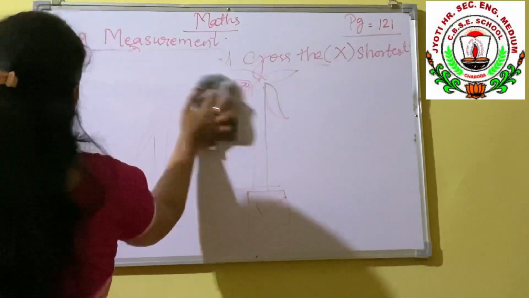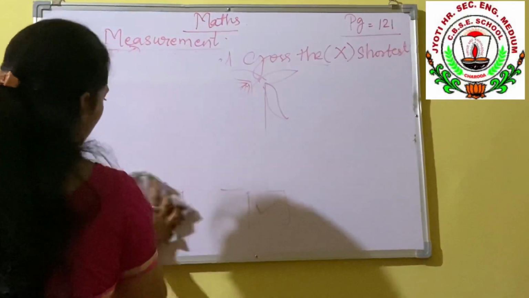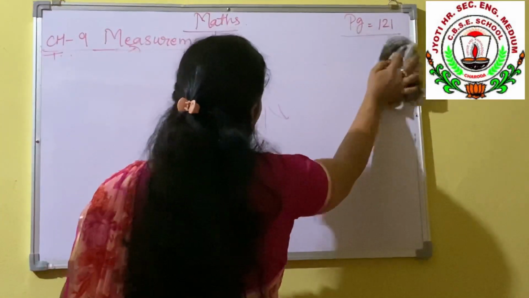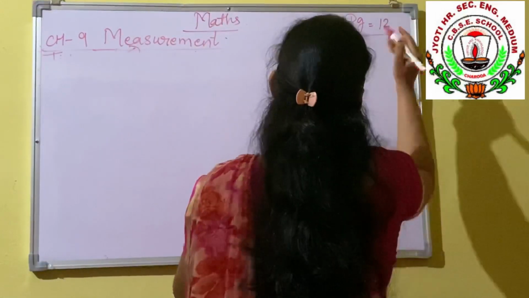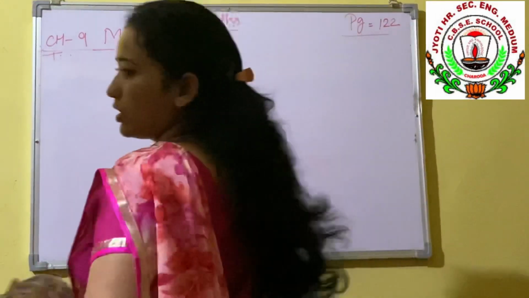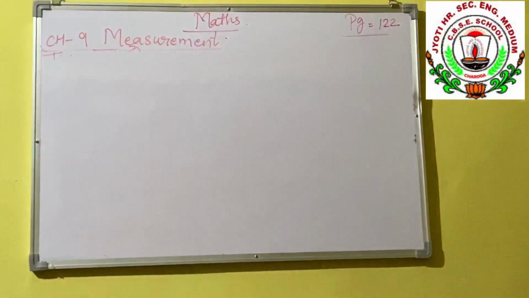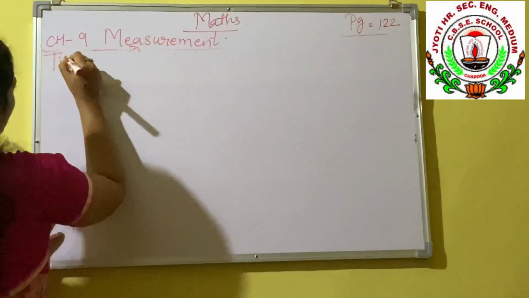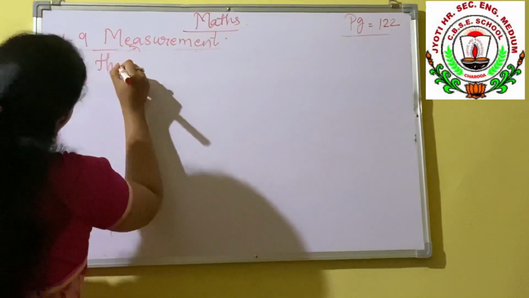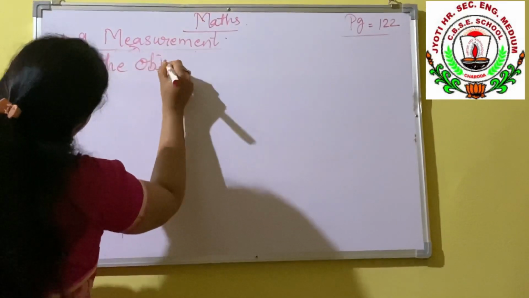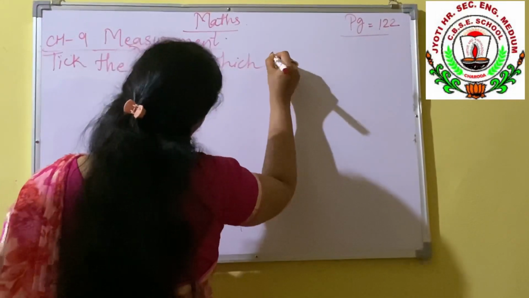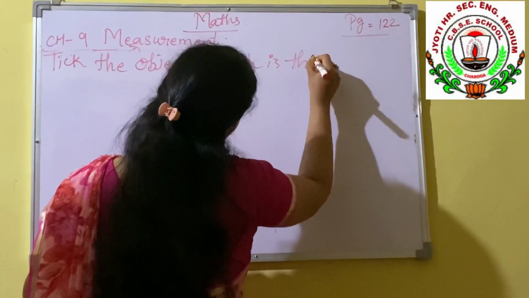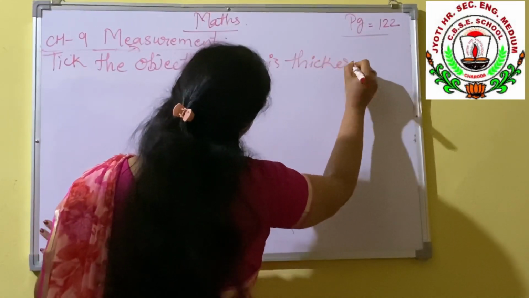Now take out page number 122. Okay students, 122, and the topic is take the object which is thicker. Thicker मतलब जो चौड़ा है.